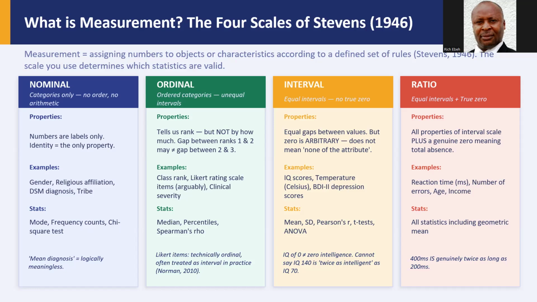Researchers use Likert scales to obtain responses from respondents. And these Likert scales come in the form of a scoring format where you have strongly disagree, disagree, undecided, agree, and strongly agree. Now, technically, this scale is ordinal.